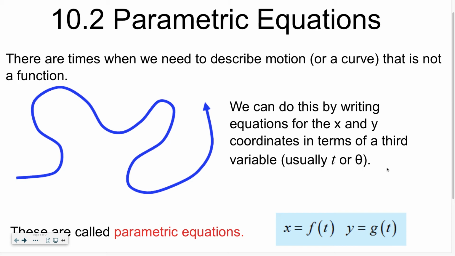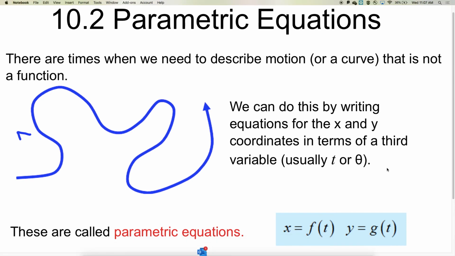But the thing about parametric equations, their graphs have orientation. So when we graph these, we're going to give the graph orientation by putting arrows.